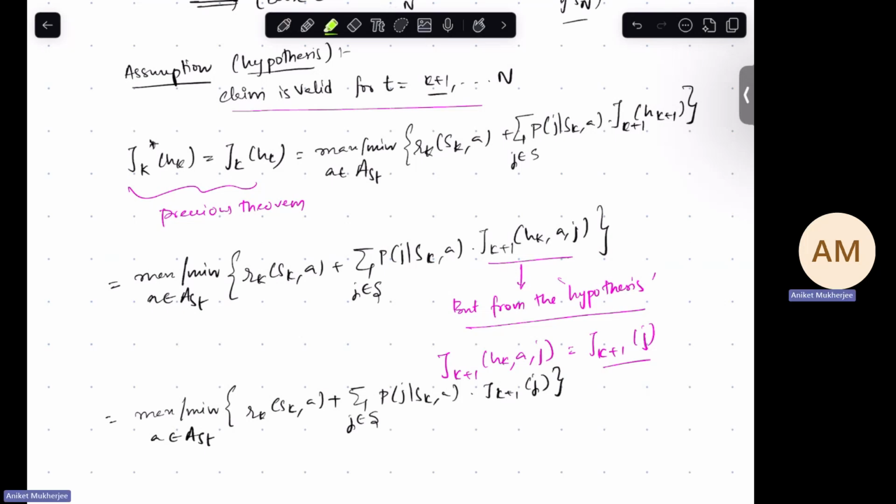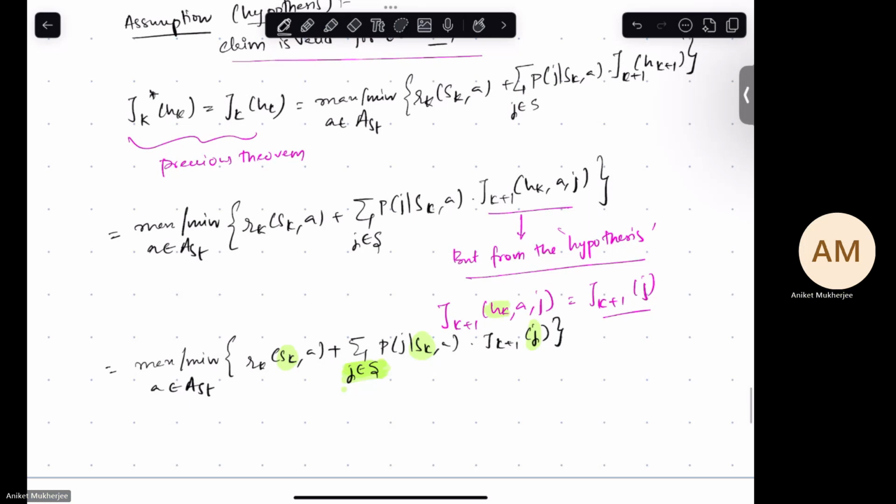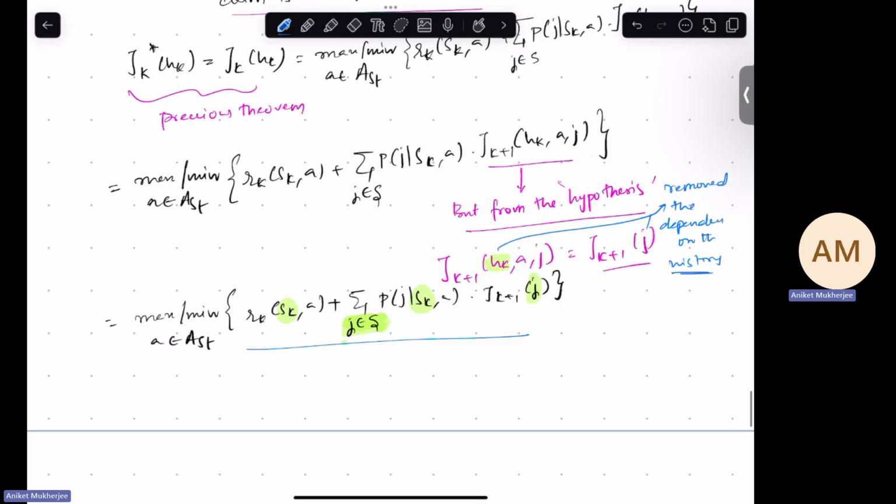So here you can see that now this is a function of s_k, this is a function of s_k, and this j is the next state, right? So you'll do it for all j's that go to the next state. So here basically you have removed this step, you have removed the dependency on the history, right? So this whole thing is basically J_k of s.